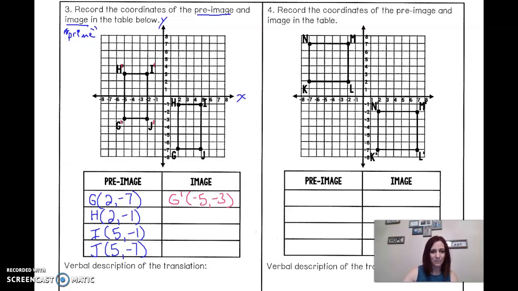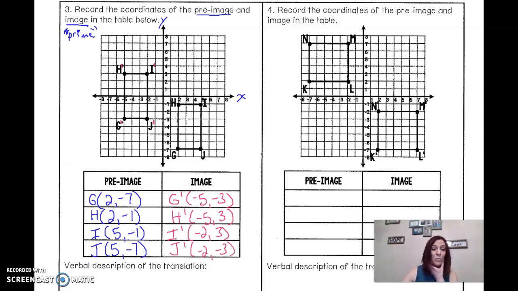H prime is at the ordered pair -5, 3. And then I prime is at -2, 3. And J prime is occurring at -2, -3.